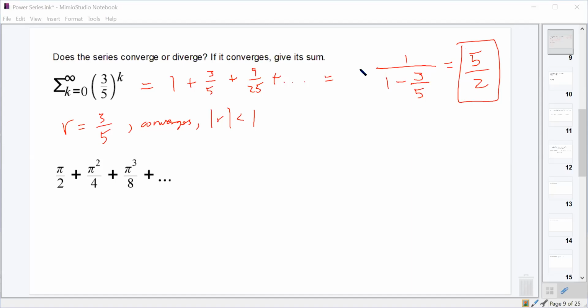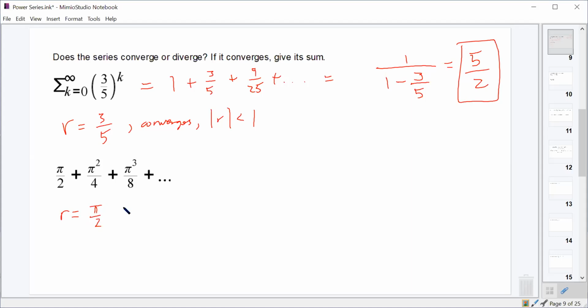All right, so what about this one here? What's the common ratio here? Pi over 2. Pi over 2, right?